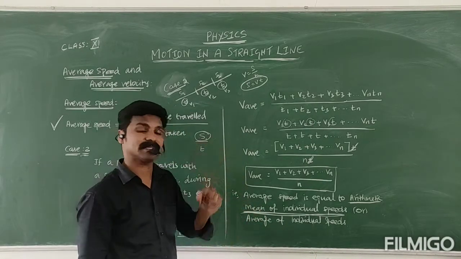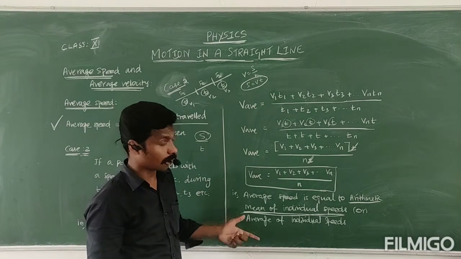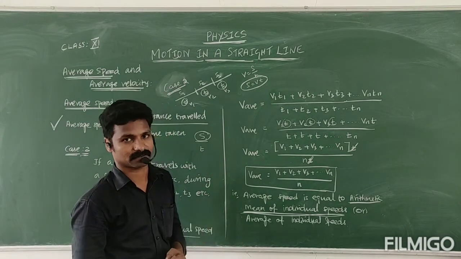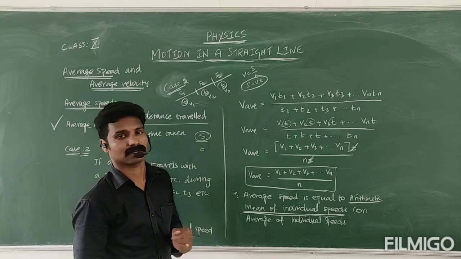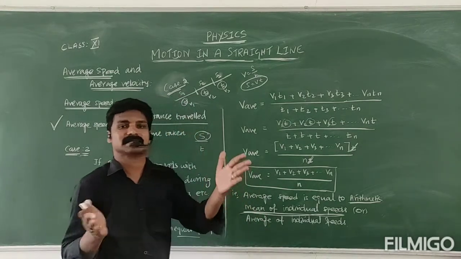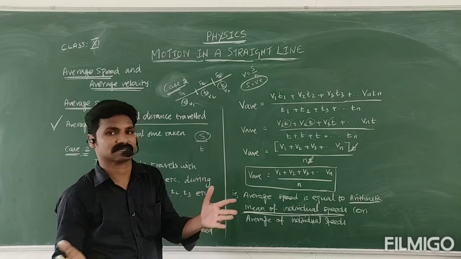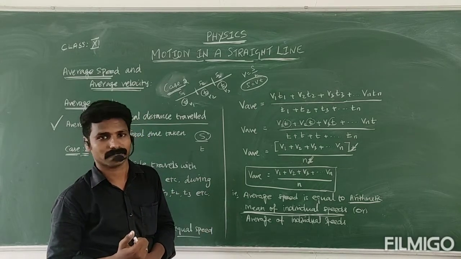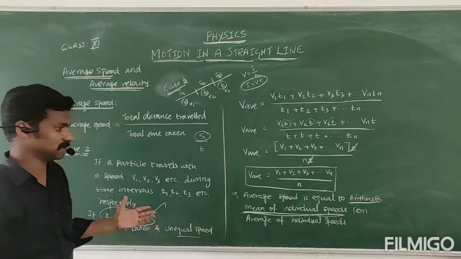But case 1 is the harmonic mean method, and case 2 is the arithmetic mean method. In case 1, the distance is considered equal, but in case 2, the time factor is considered equal. Okay students, I hope you understood case 1 and case 2.